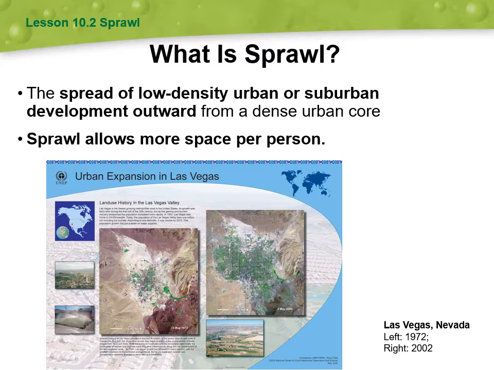So sprawl gives you more space per person, but that space comes at an expense to the green areas surrounding the city. All right, so if you look below at the expansion of Las Vegas, you can see the city center has spread widely out, and that these areas that had other land uses now are used for urban areas.